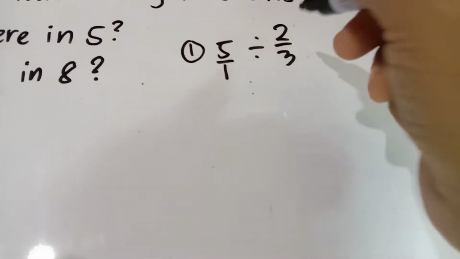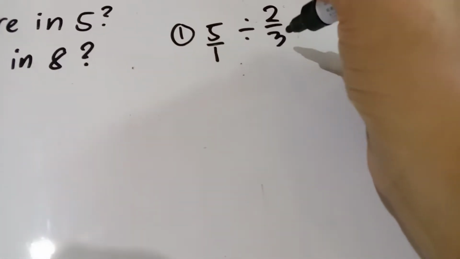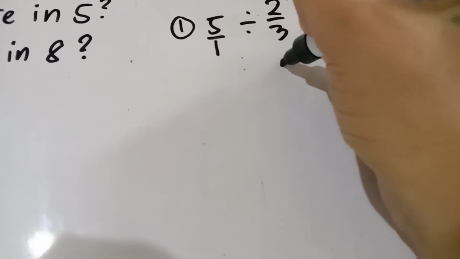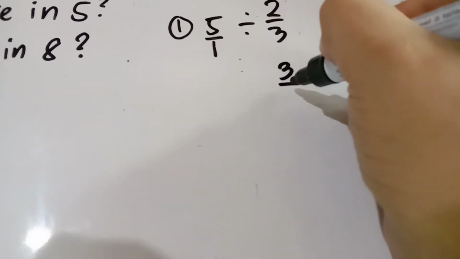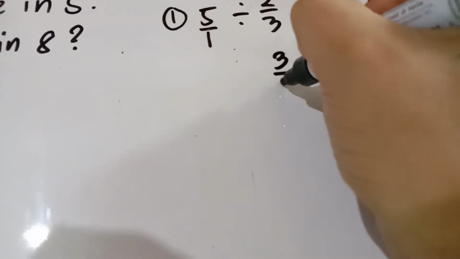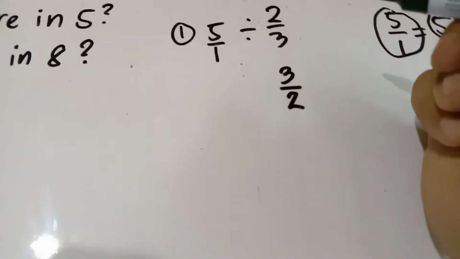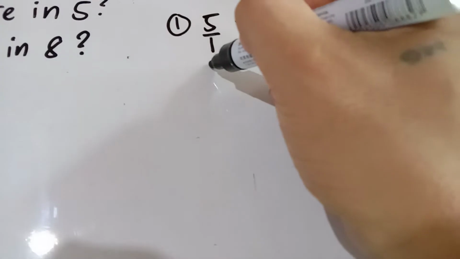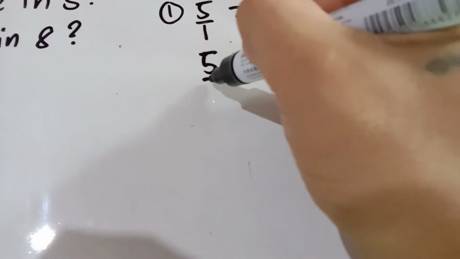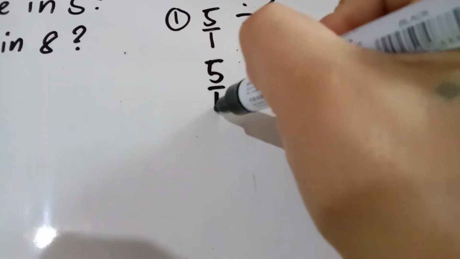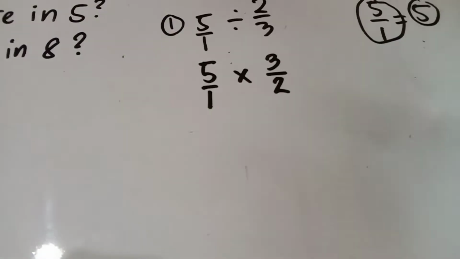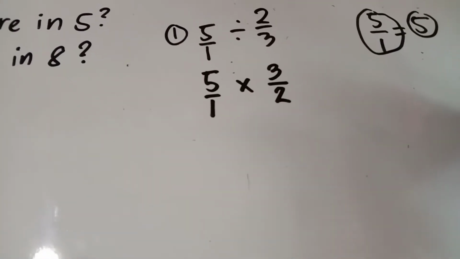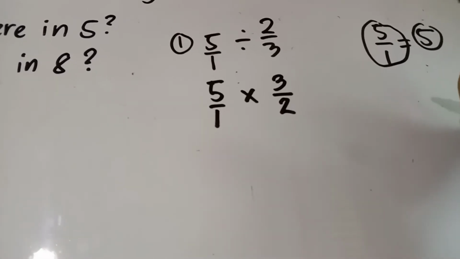So the reciprocal of 2/3 is 3 over 2. So we are going to write the reciprocal of 2/3, which is 3 halves or 3 over 2. Then let's copy the dividend, which is 5 over 1. Then let us multiply.